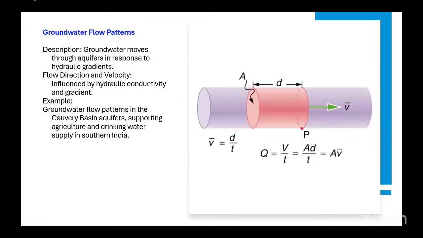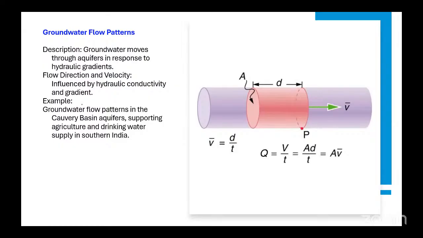Next, groundwater flow pattern. Description: groundwater moves through aquifers in response to hydraulic gradient. Flow direction and velocity are influenced by hydraulic conductivity and gradient of the aquifer system.